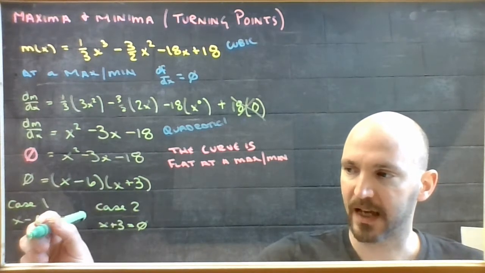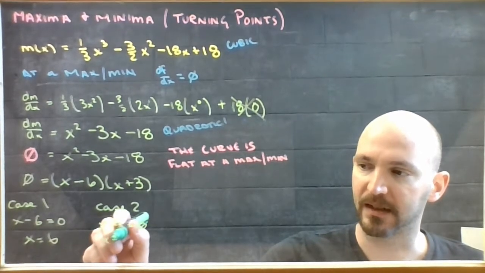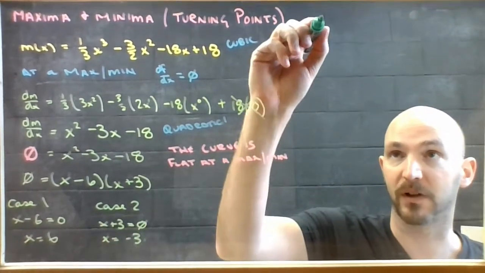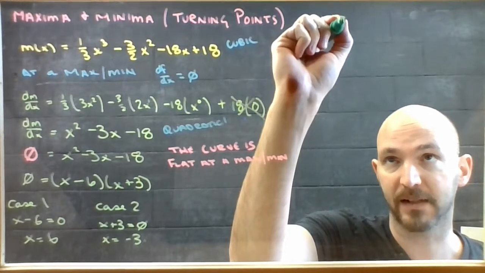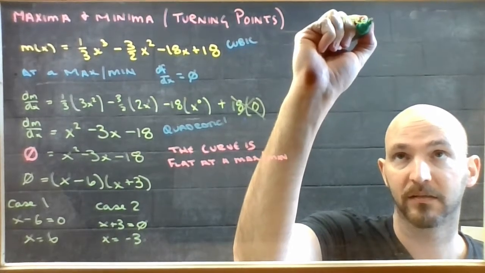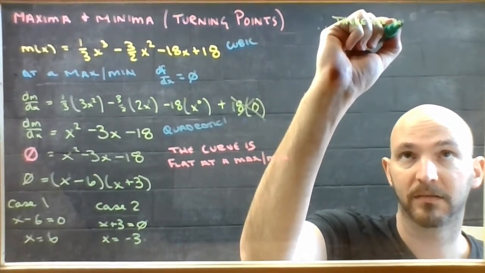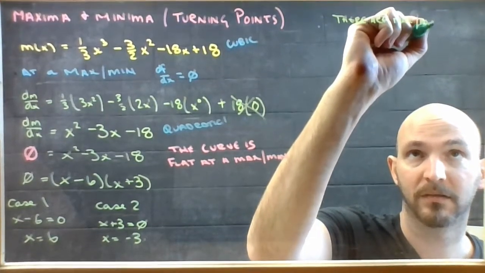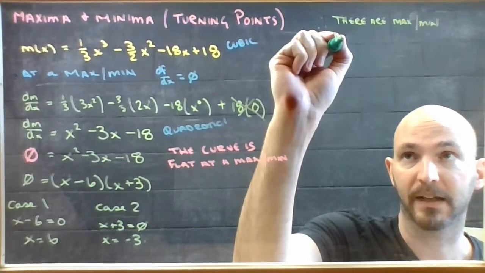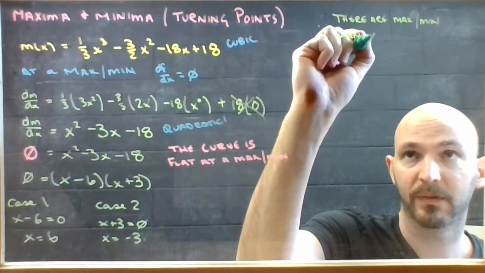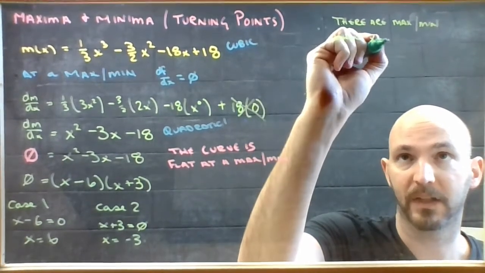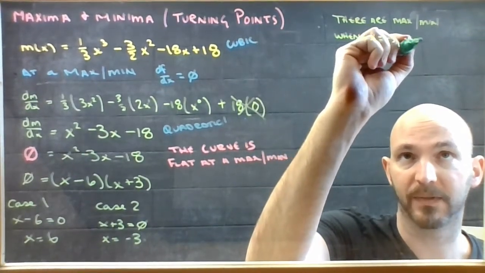So I end up with an x equals 6 and an x equals negative 3. Therefore, there are max/mins when x equals negative 3 or when x equals 6.